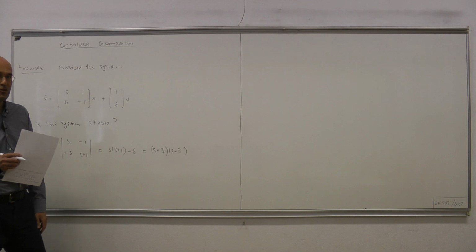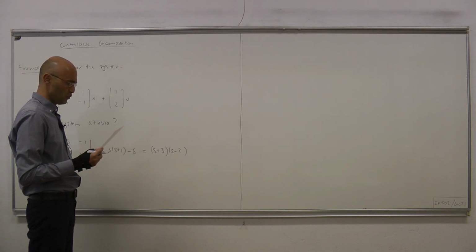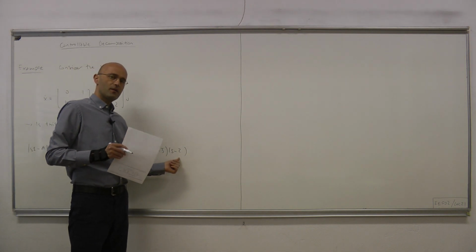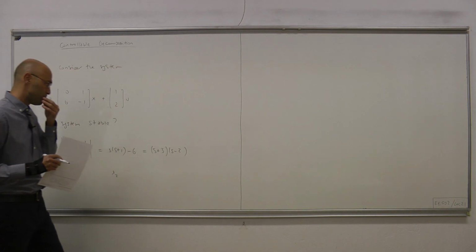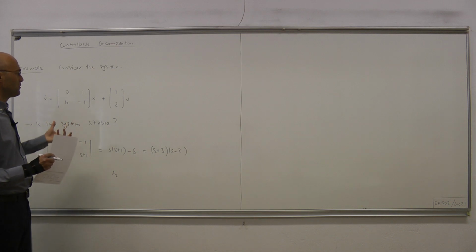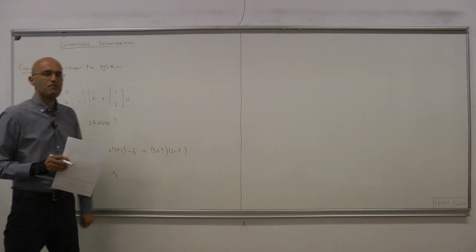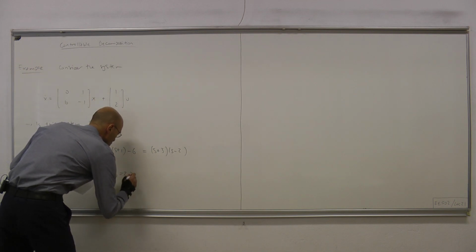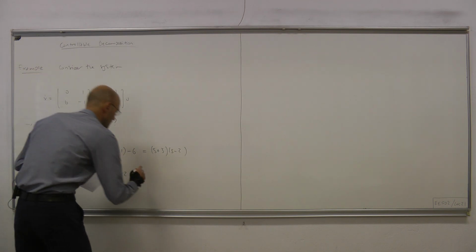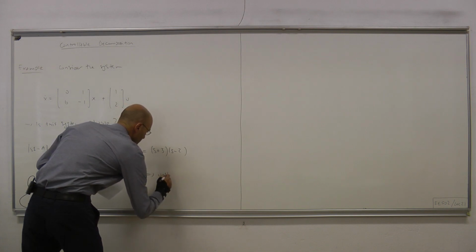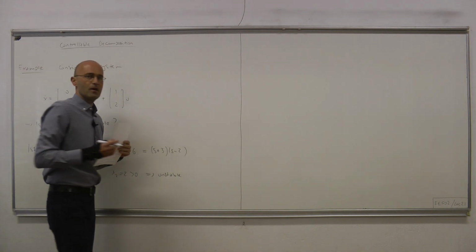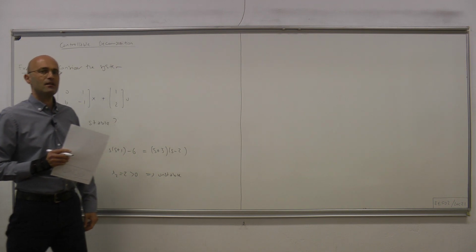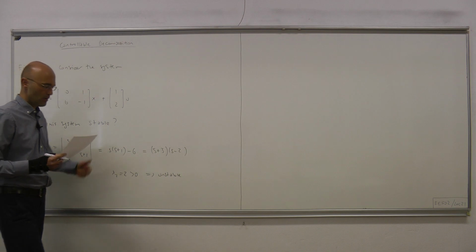One is at minus 3, the other is at plus 2. Because of that second eigenvalue, which is positive and real, we see directly that this system is not stable in the sense of Lyapunov. Lambda 2 equals 2, which is positive, hence this system is unstable.